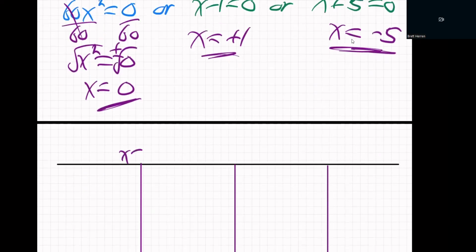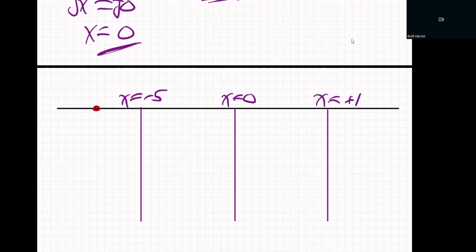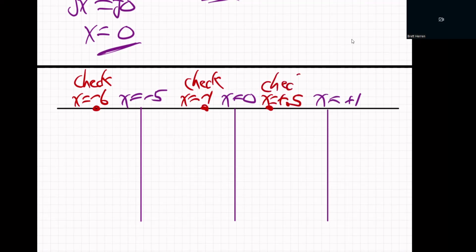Negative 5. x is negative 5, x is 0, x is plus 1. Then we've got to pick things in each one. So this could be like negative 6, check x equals negative 6, check that left interval. This one I could check x is negative 1. Here I could check x is positive 0.5, half. And then over here, x is 2.